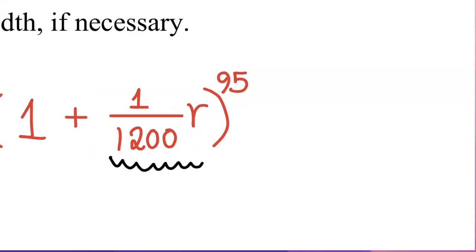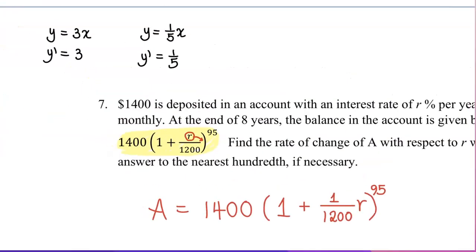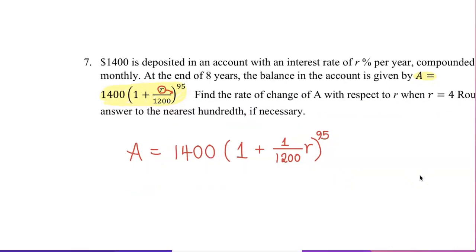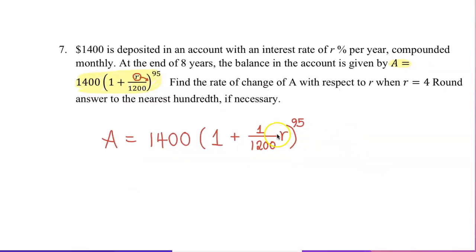I just moved that r down to the side to make sure that you see this is just a linear term. It's not like a rational term where I need to use a quotient rule or anything. But okay, so that's the function. It's not much, but I brought this r down to the side.